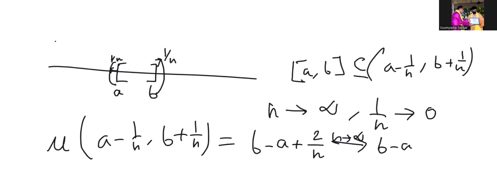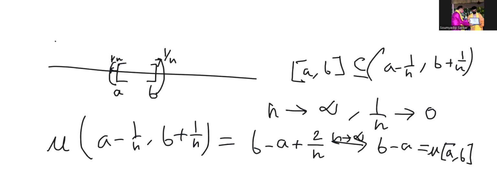It will approach b minus a, which is nothing but the length of the interval, mu of AB. So basically, what is the main upshot?